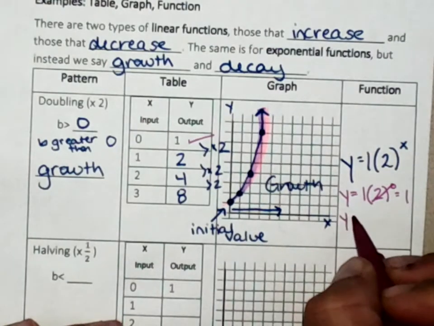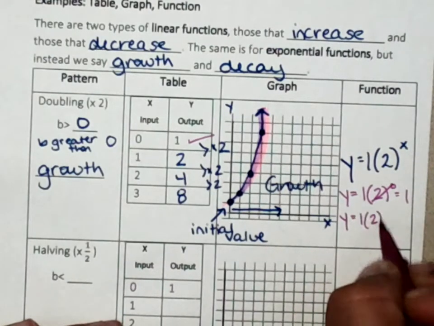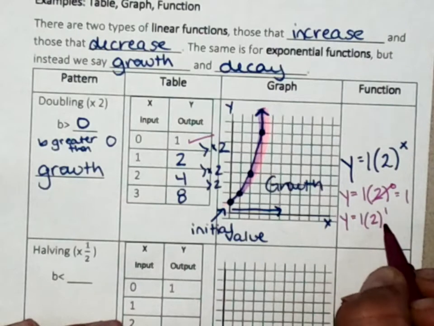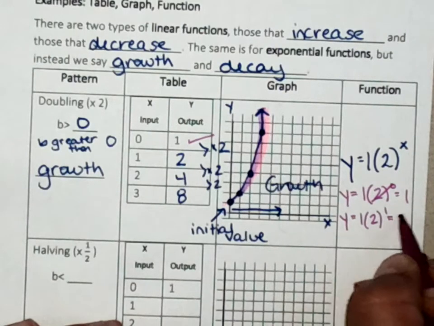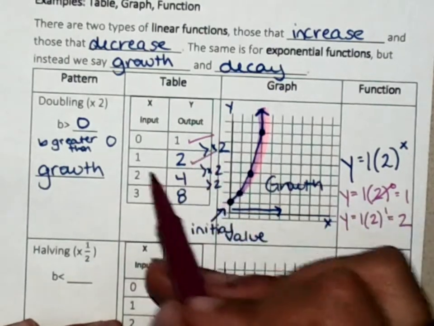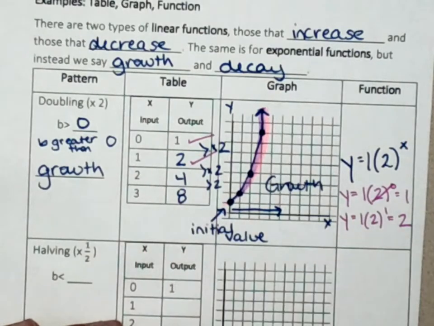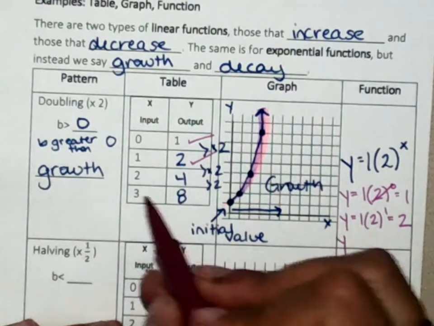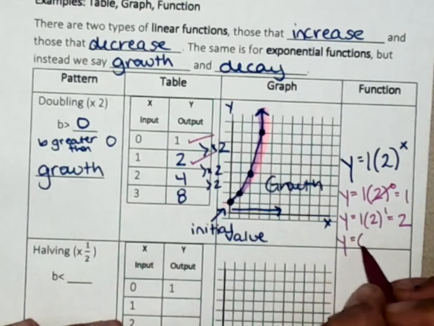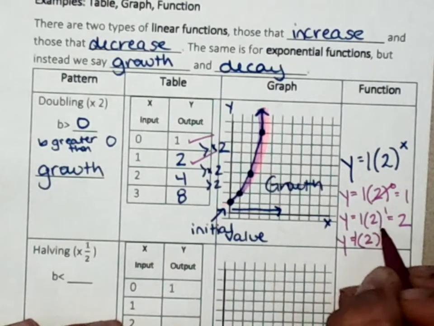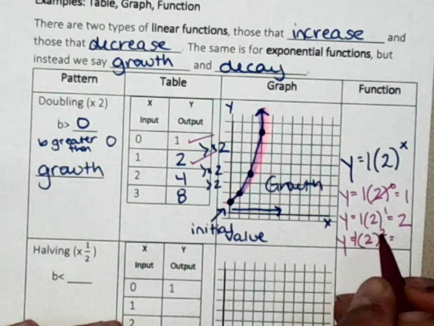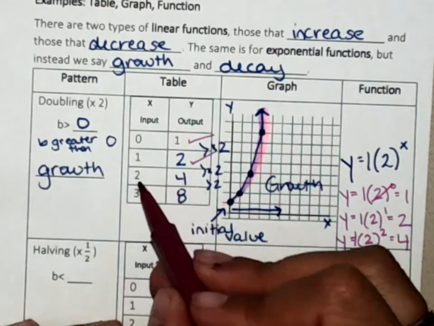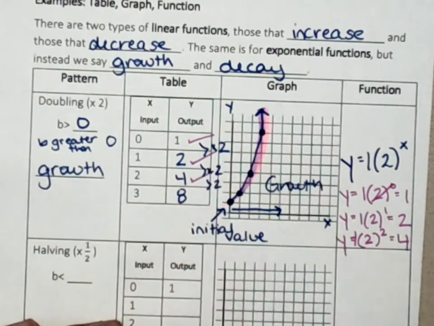If I plug in 1, 2 to the 1 is 2, 2 times 1 is 2, and that is true. When x equals 1, y equals 2. When I plug in 2, 1 times 2 to the 2, well, 2 squared is 4. 4 times 1 is 4. When x equals 2, y equals 4. And that'll continue being true throughout the function.